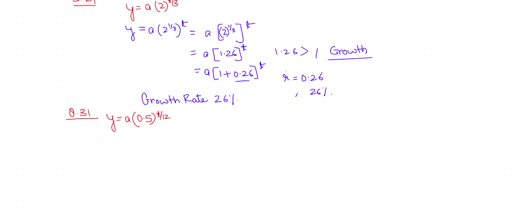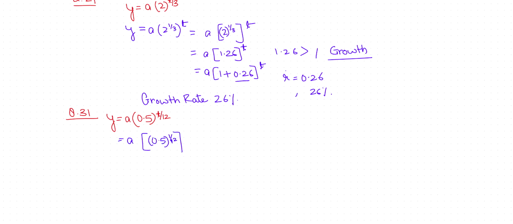So this is a function given, and we have to find whether it is growth or decay, and what the rate will be here. We'll do it the way we did the last one. It is 0.5 raised to power 1 by 12, and this is raised to power t.